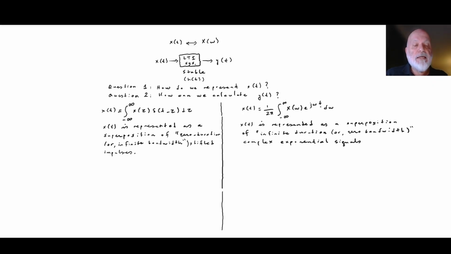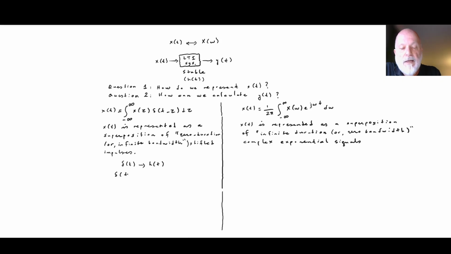So what about the second question? How do we calculate y of t? Now, to calculate y of t, we do the following. In the first case, the impulse gives us the impulse response. The weighted impulse, x of tau, first time shift.